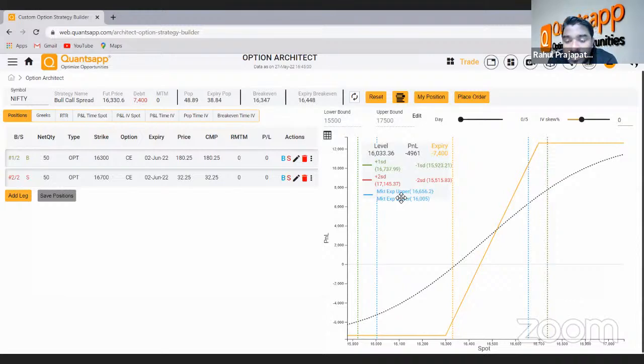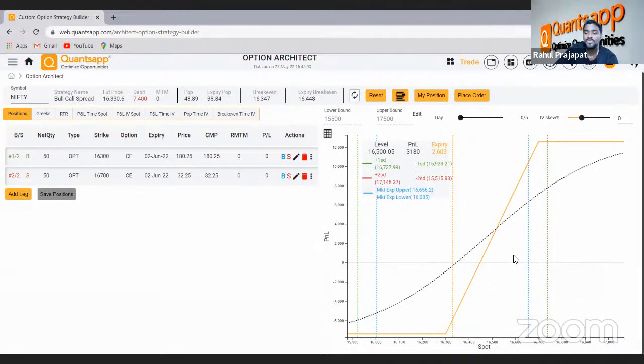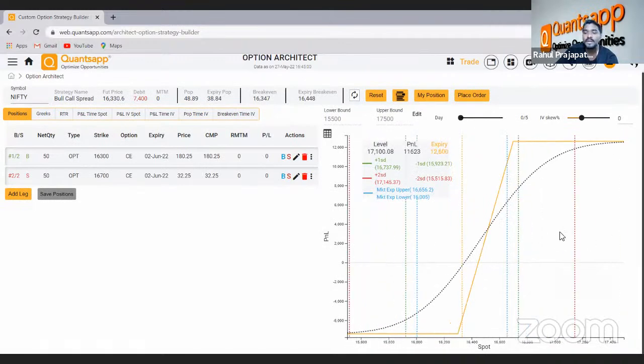And then you can see one standard deviation, upper level and lower level, is the green line, and then we have a red line also. So red lines come in that extreme case, the second standard deviation. If the market becomes hugely volatile, the market can even touch these levels. So you can know, if the market becomes this much volatile, what will be your profit and loss.